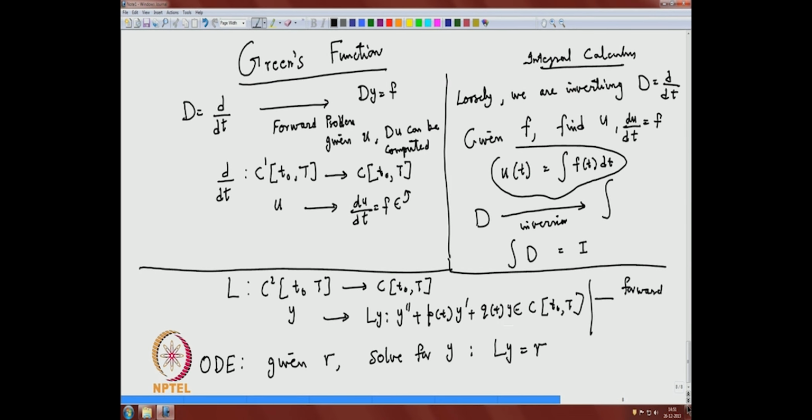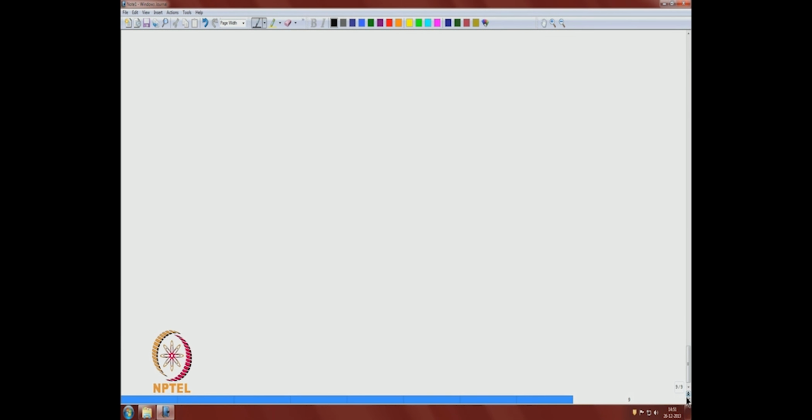So, I can introduce a mapping S from C of T naught to T. You do not have to worry about the spaces right now, that is not the issue here.